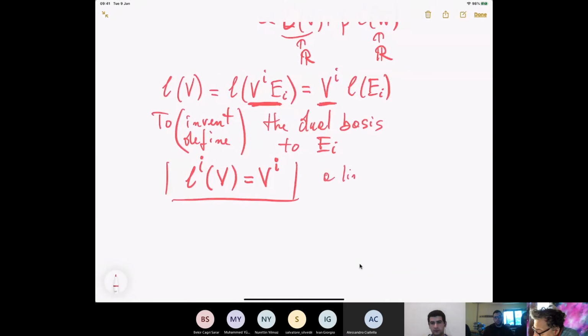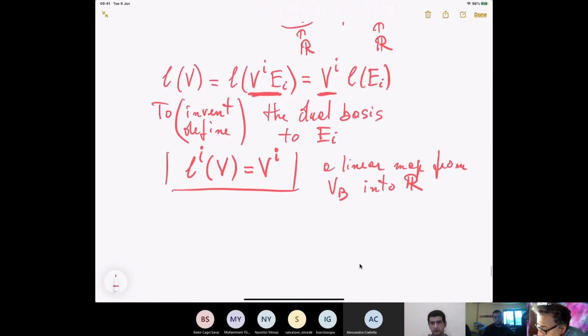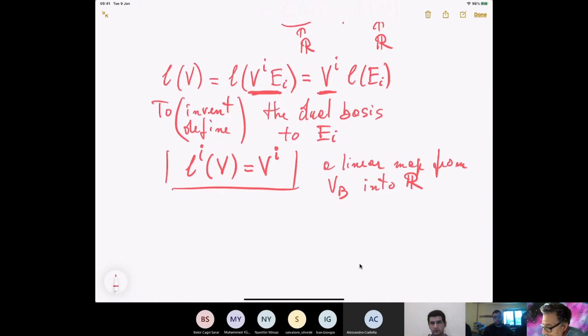A linear map from VB into R. Okay. So how many of these linear maps we have? Exactly n.